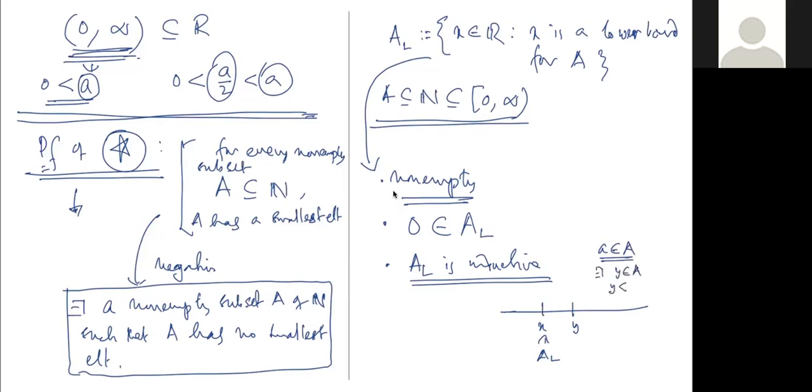And we know that x is a lower bound. I think somewhere from here we can pull. How?